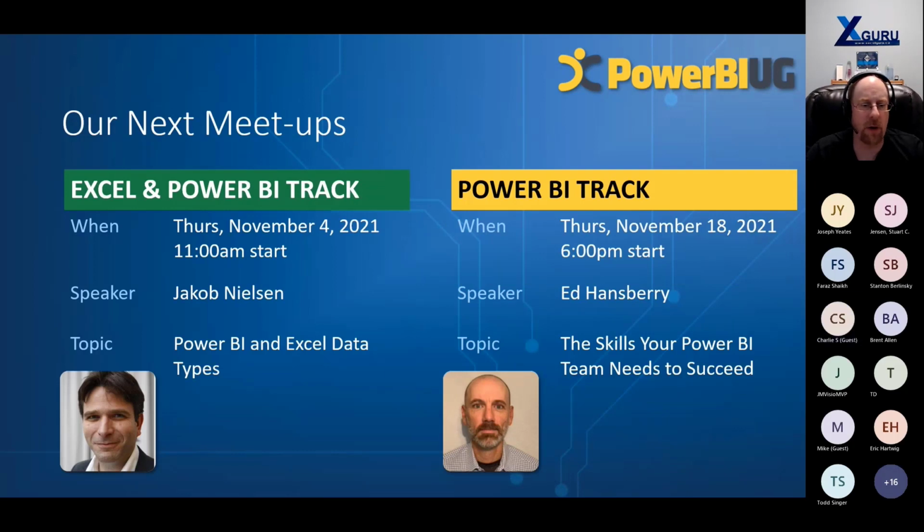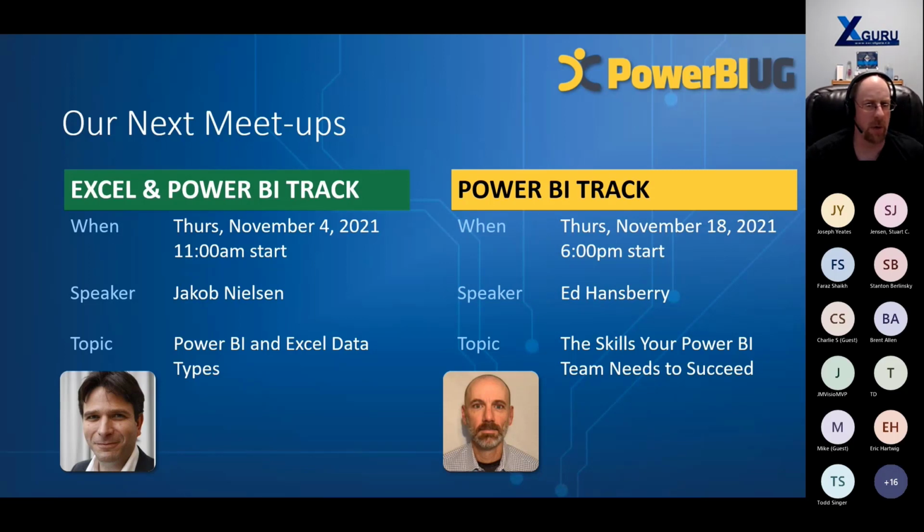Our next meetup that we have coming up on November 4th, we're going to be having Jakob Nielsen joining us from the Excel team. He's going to be talking about Power BI and Excel data types. Just a quick note on this one here. This does not start at a regular 6 p.m. West Coast time slot. Jakob is going to be joining us live from Europe. I think he's going to be in Denmark.